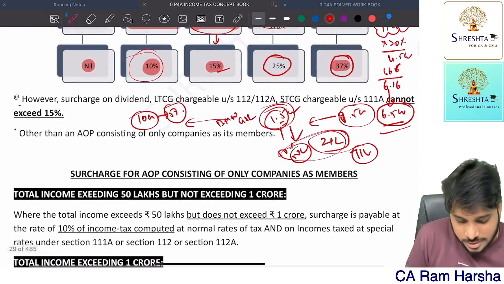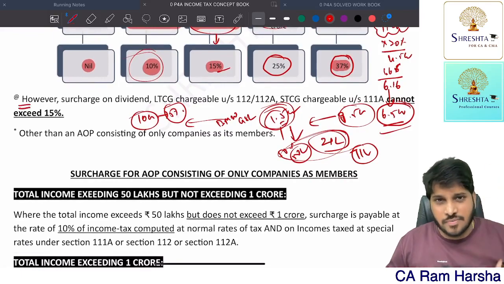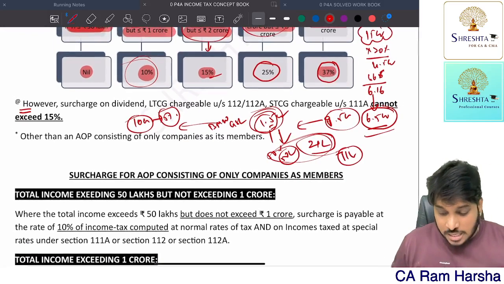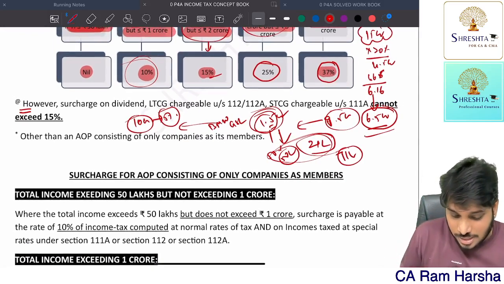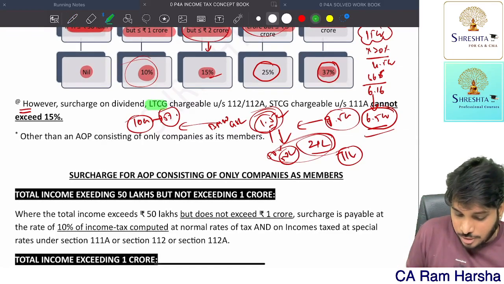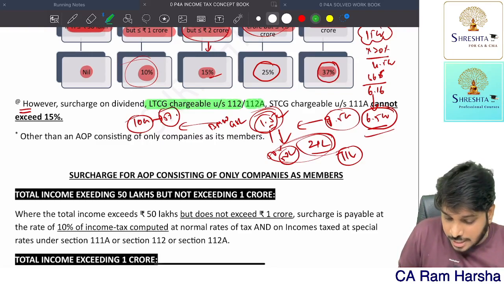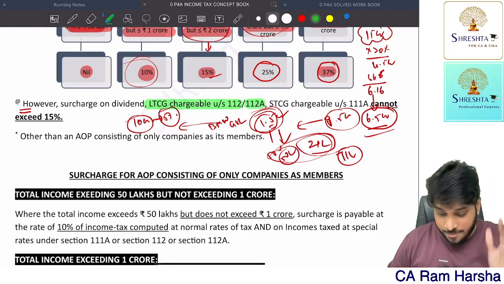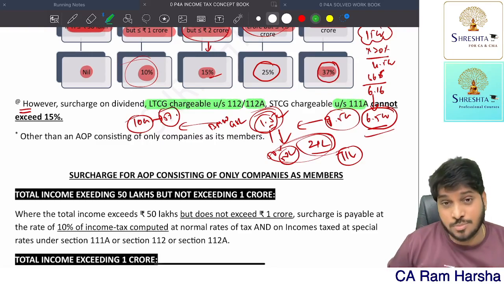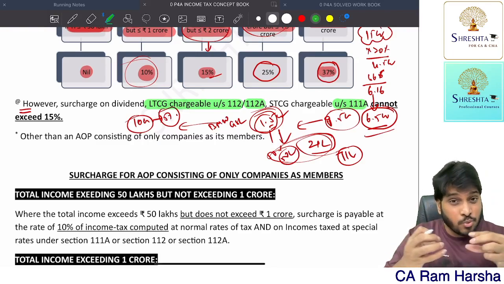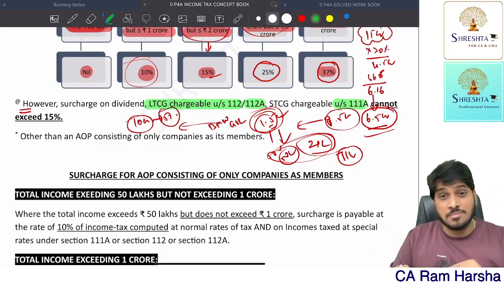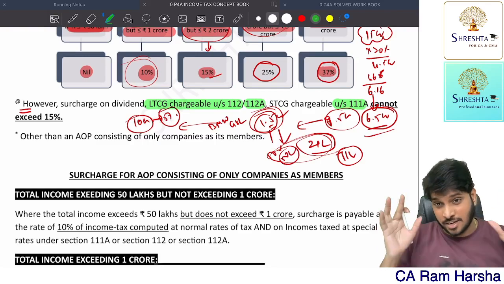Now there is a small observation that you need to understand. There are some incomes, like long-term capital gain chargeable under 112, or under 112A, or short-term capital gain chargeable under 111A. These are the incomes which are taxable at special rate.